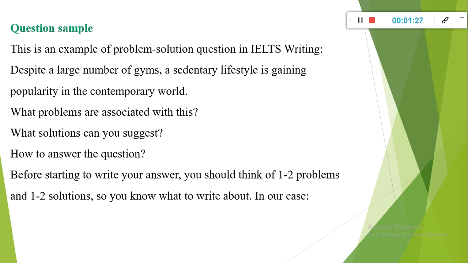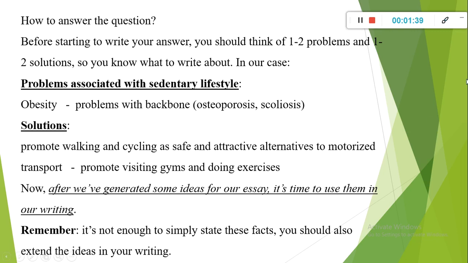How to answer the question? Before starting to write your answer, you should think of 1 to 2 problems and 1 to 2 solutions, so you know what to write about. In our case, problems associated with the sedentary lifestyle: obesity, problems with the backbone, osteoporosis, and scoliosis.